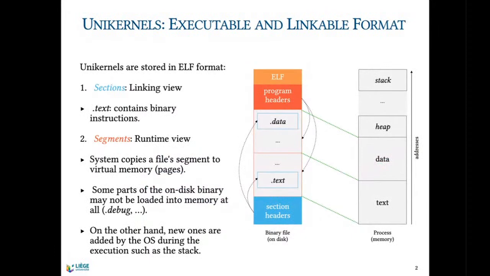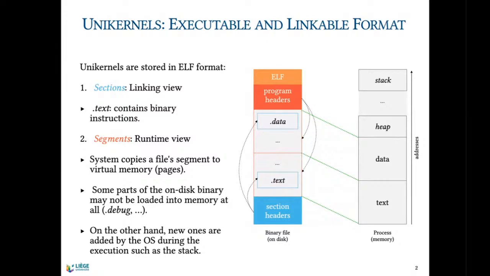And now with this compilation pipeline in mind, let's come back to unikernels and more especially to Unikraft. A unikernel is just an ELF file which can be run as a virtual machine on a hypervisor. For example, we have the KVM hypervisor. More especially, an executable file can be divided into two different views.